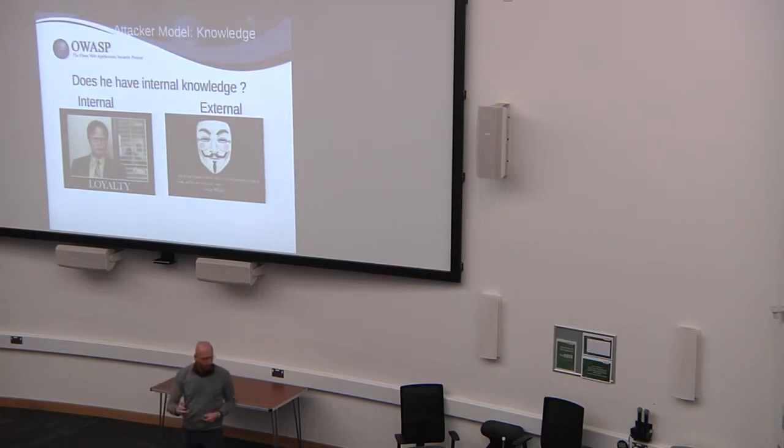So he has the knowledge, as opposed to the external attacker who doesn't really know what he wants. He wants to have access to your network, but he doesn't know what he wants to steal. He wants to go in and look around. So that's an important difference, because the internal attacker who has the knowledge can take the data much faster.